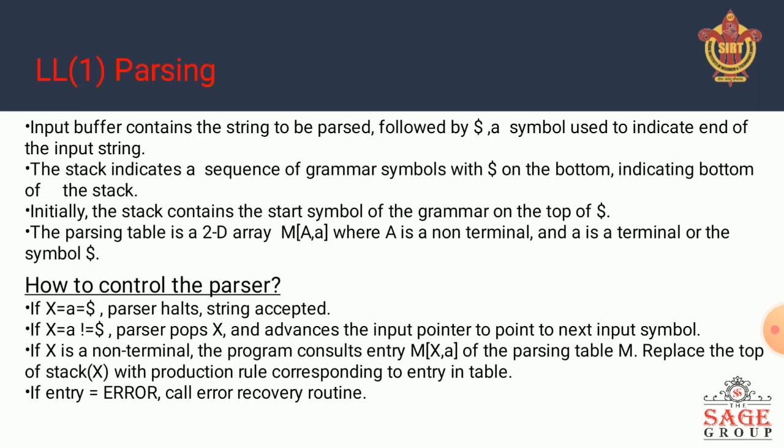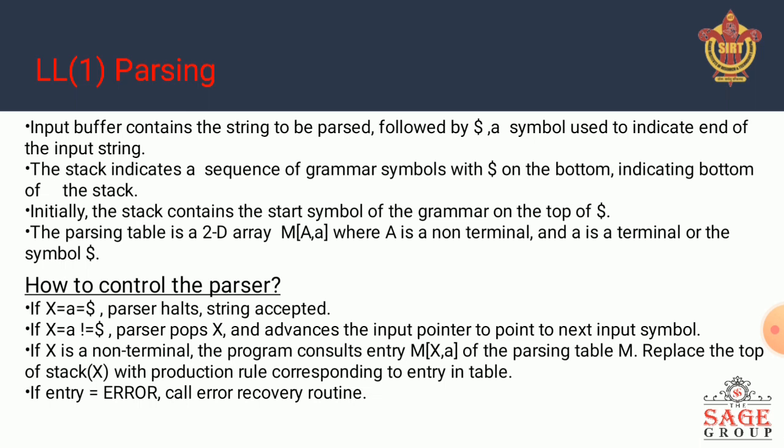Now for the parsing procedure, if X is equal to a, which is dollar, the parser halts and the string is accepted. If X is equal to a and not equal to dollar, the parser pops X and advances the input pointer to point to the next symbol. It means if X is equal to any terminal and it is not dollar, then pop X and advance the input pointer to the next symbol.